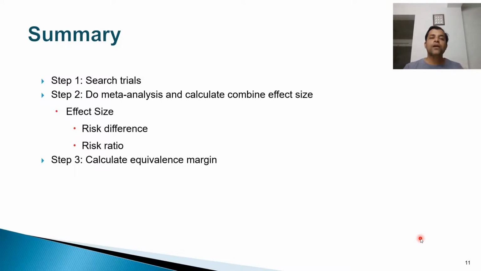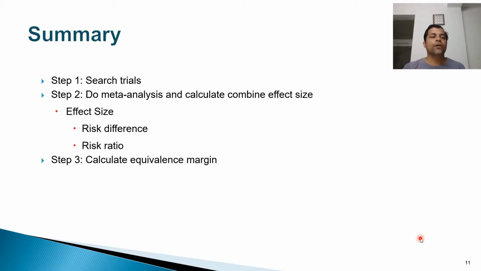There has to be some reason for the margin selection, either based on regulatory guidance or this calculation. Maybe you can take a margin that some researcher has used in published literature, but that should be your last choice. Ideally you should take a margin which is either given by the regulator or that you calculate.